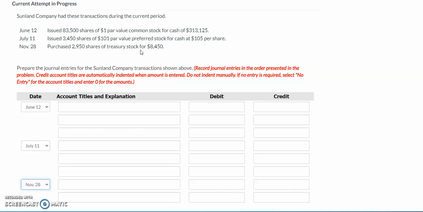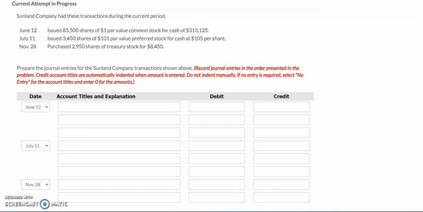So we're going to first start off with the common stock that was issued on June 12th. So on June 12th, the company had issued 83,500 shares of $1 par value common stock. And we are told that they were given a certain amount of cash.